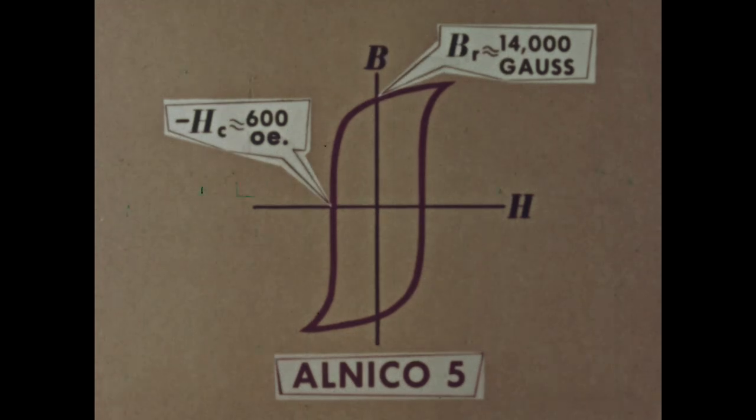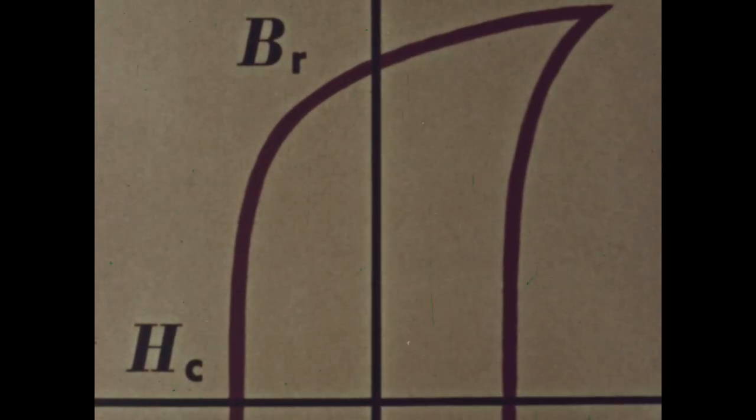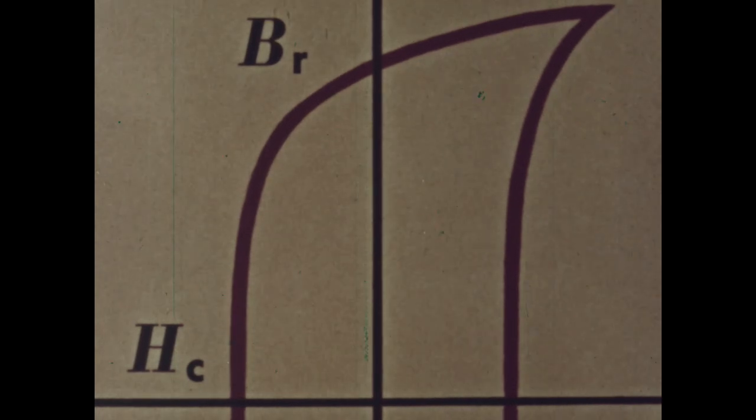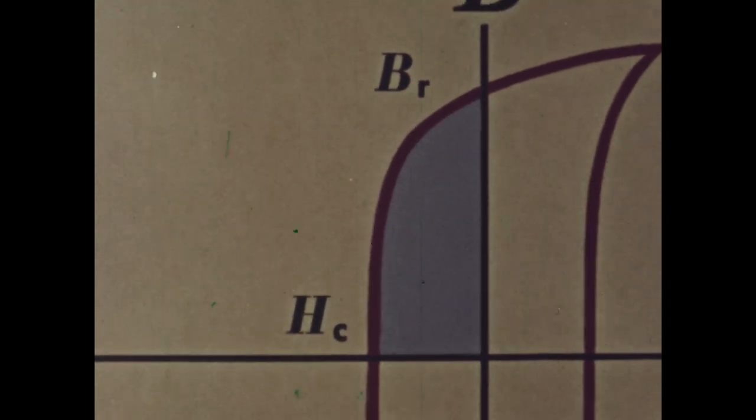This remnant induction is due to magnetization that remains after the field is reduced to zero. We call the section of the loop between BR and HC the demagnetization curve. The area under this demagnetization curve is a measure of how good the material will be in applications.